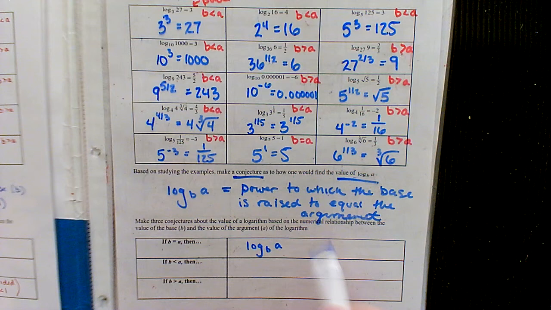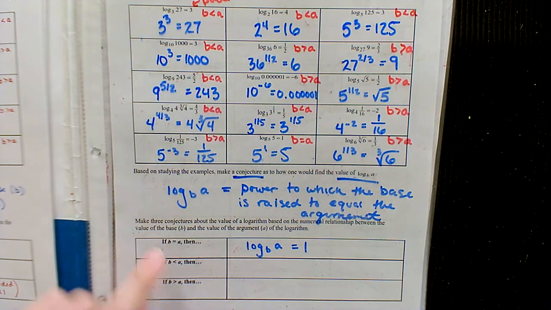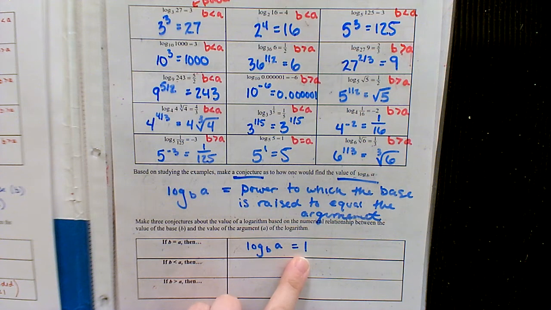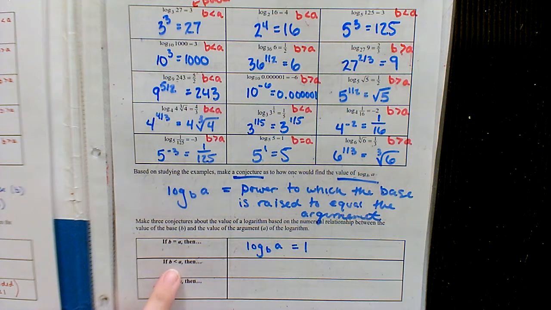So log base b of a would always equal 1. If your base and argument are the same, what's the power you have to raise the base to get the argument? That power would always have to be 1 in order for them to be exactly the same. So if the base and the argument are the same, your log or exponent value in this case would always be 1. Take a look at the next one.